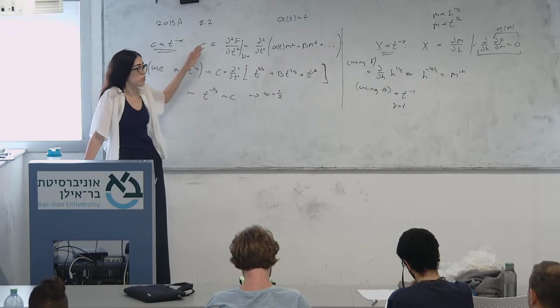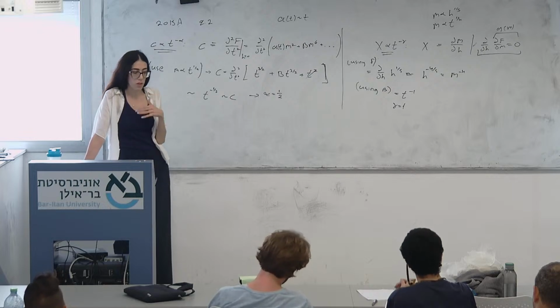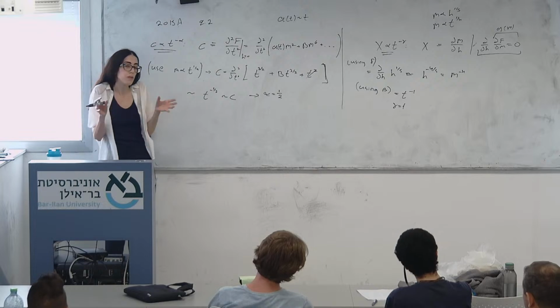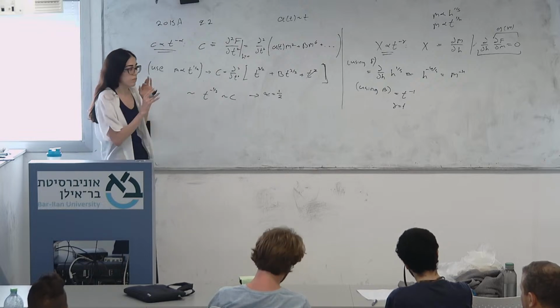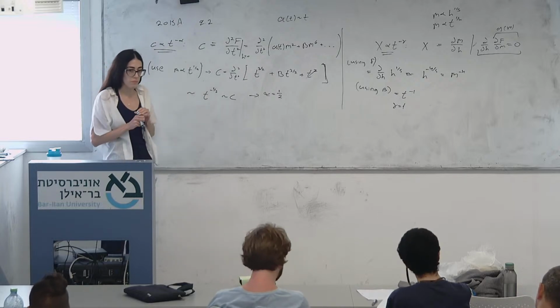I just show you that because now we're going to talk about when do you have second order. Sometimes it's a bit confusing because it looks like something that's a phase transition, but it's not exactly, so just so you see that you have something else.